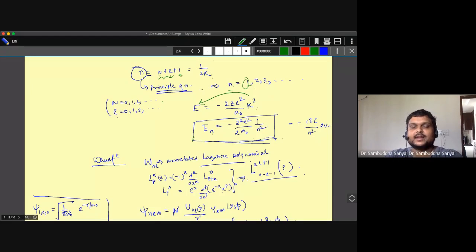So if you put in the numbers, the electron charge and the A0, the Bohr radius and everything, and convert it into electron volt units, you will get this set of numbers. That gives you a very precise, predictable, and checkable quantity: the energy levels of a hydrogen atom must be 1 by n square, some integer square, times minus 13.6 electron volt.